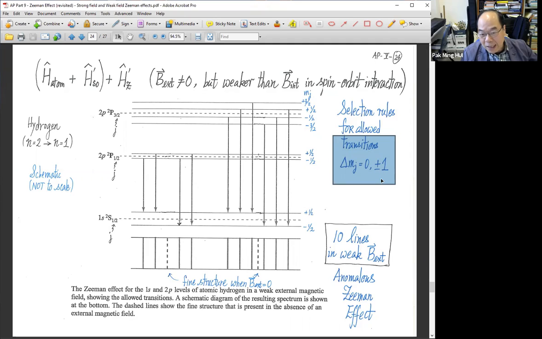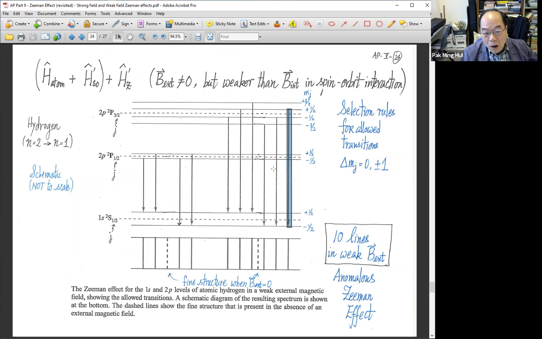So when we exercise this selection rule, you can draw it out. If I start here, MJ is 1/2. Where can I go? All right. Now, I can go to minus 1/2 because delta MJ will be minus 1. Final is minus 1/2, minus initial 1/2, is minus 1.